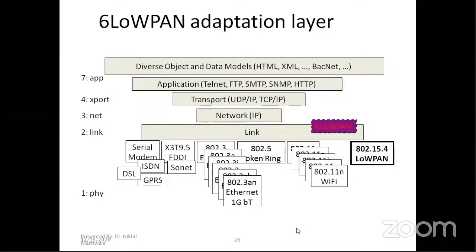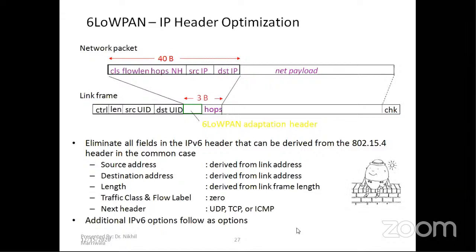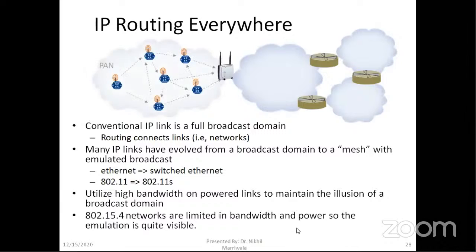So we have a low power wireless personal area network using 802.15.4, and these are all the protocol structures that we have. I'm not going into detail, but just trying to show you that these normally exist, and we are utilizing the network backend and link frame structures while we are transferring IP using IPv6, right? So additional IPv6 options are also there.